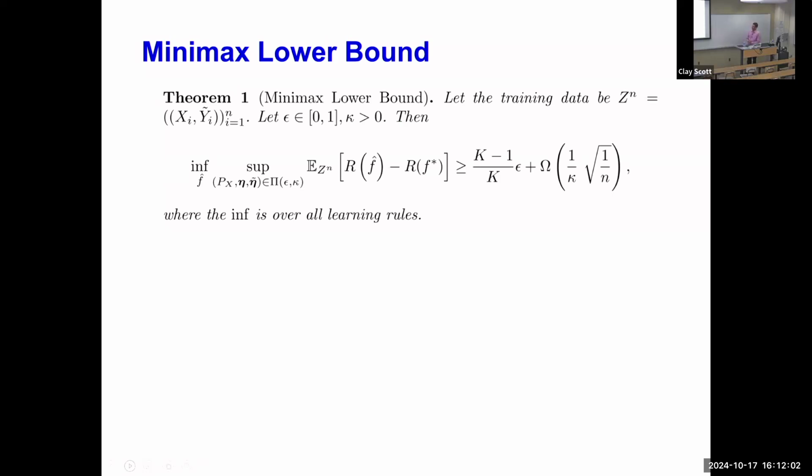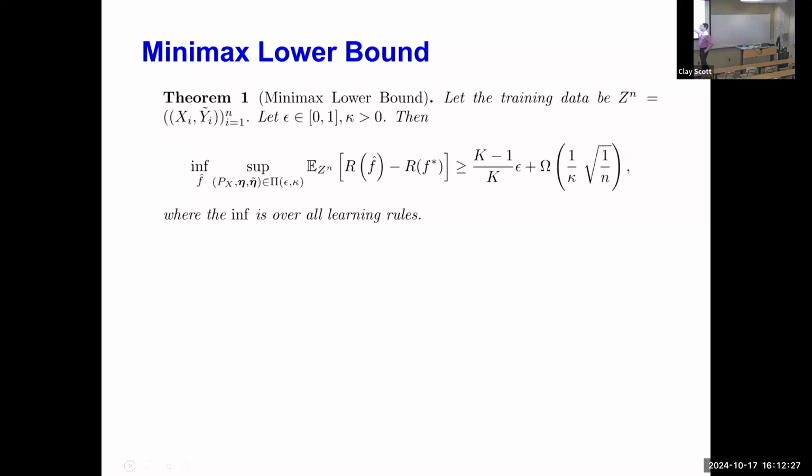So we have a couple of theorems that I'll present. The first is a lower bound on the minimax risk. Here, Zn is just shorthand for all of the training data. This is the training data you get with noisy labels, or, in a domain adaptation setting, your data from your source domain.